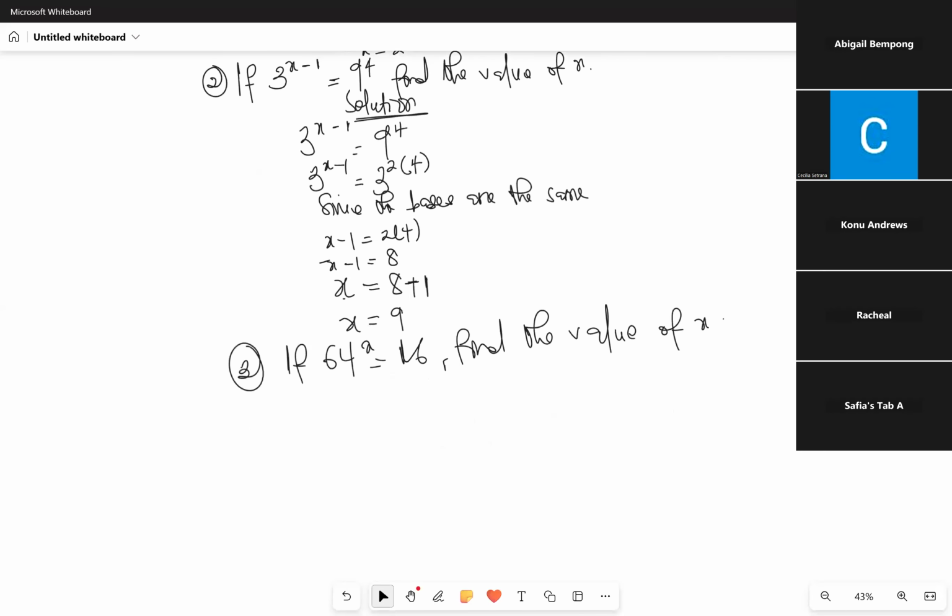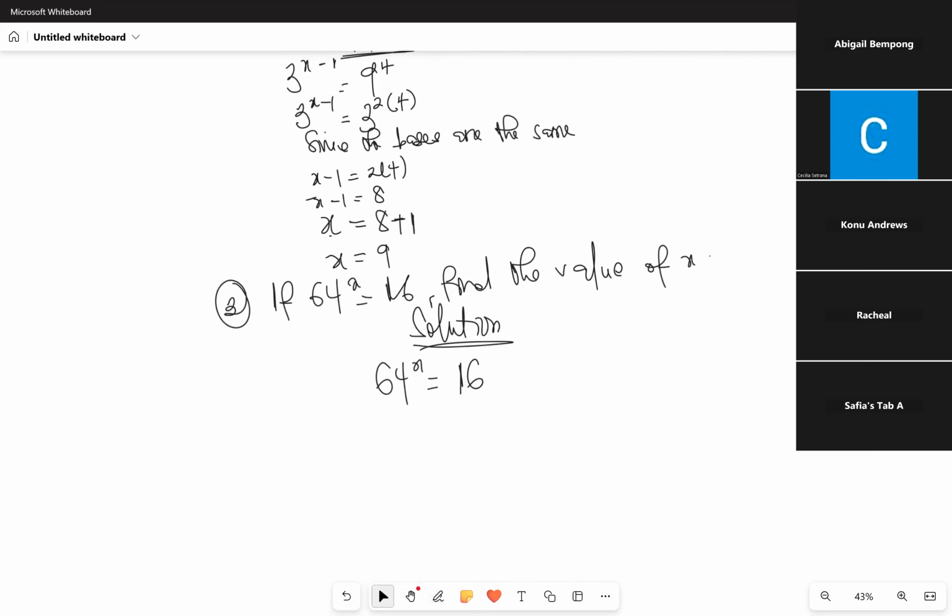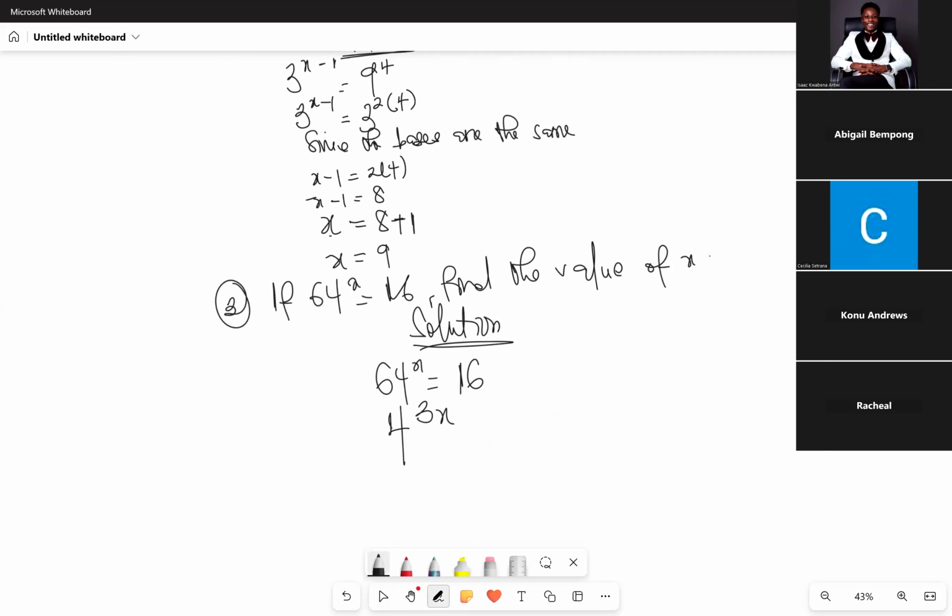Yeah, the answer is right. So how did you solve that? Tell me. So I look for a base that could go into 64 and 16 at the same time. So what number is that? 4. Okay. So for 64, it becomes 4 exponent 3, x equals 4 exponent 2.